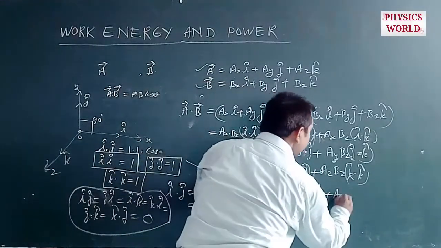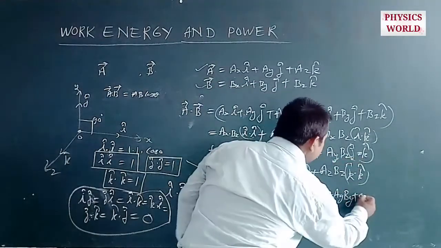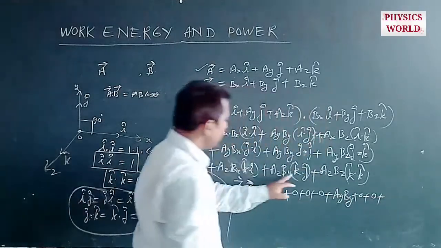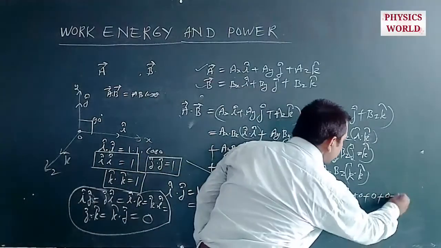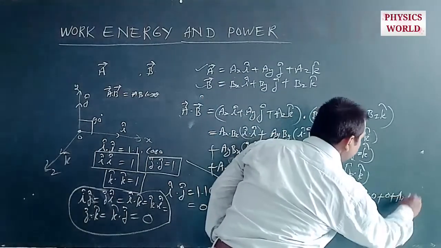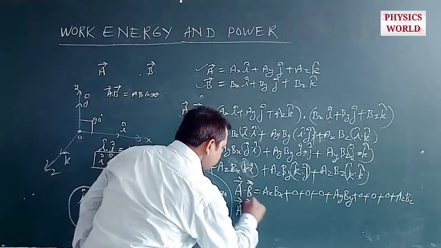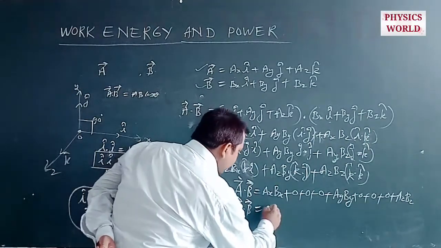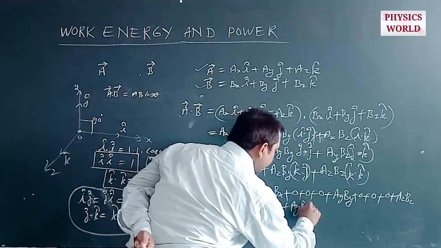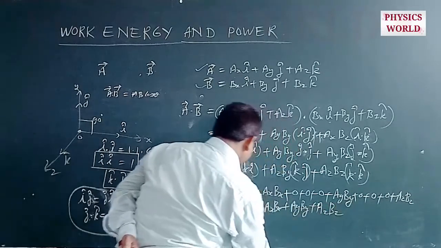So ay by plus j dot k, this becomes 0, k dot i, this becomes 0, k dot j, this becomes 0, plus k dot k, that is 1. It means az bz. So you will obtain that vector a dot vector b is equal to ax bx plus ay by plus az bz.